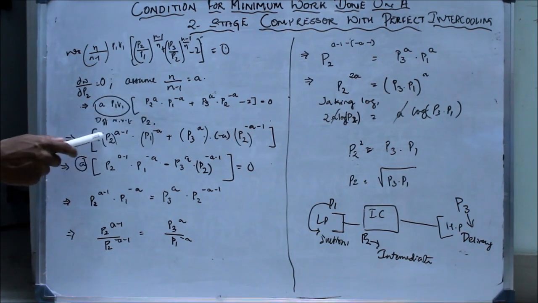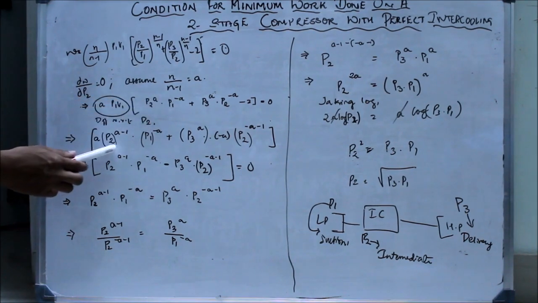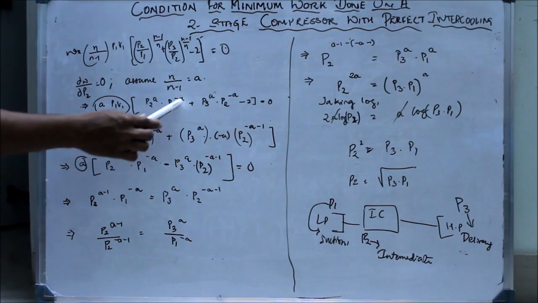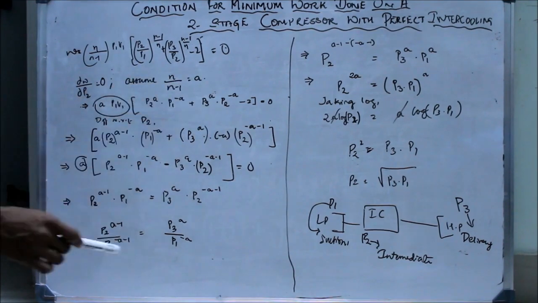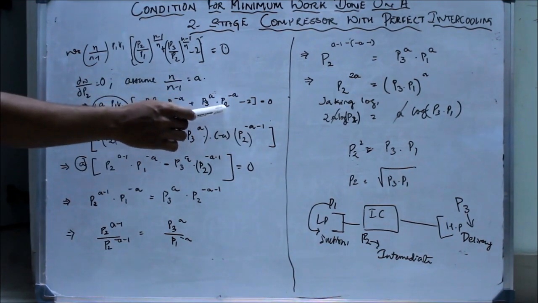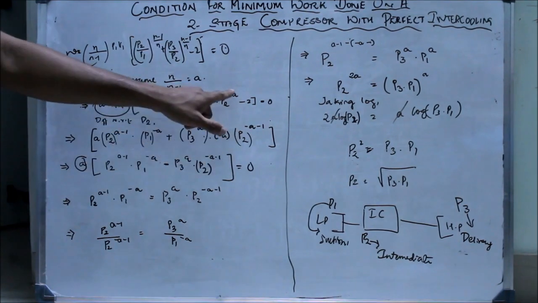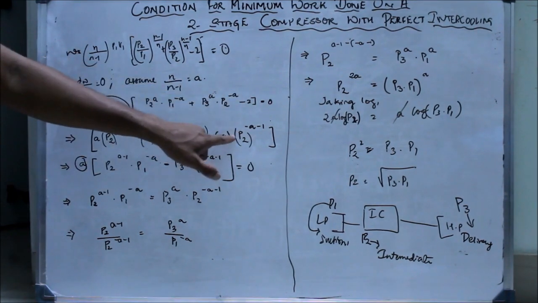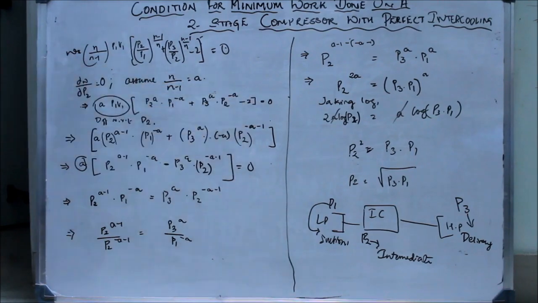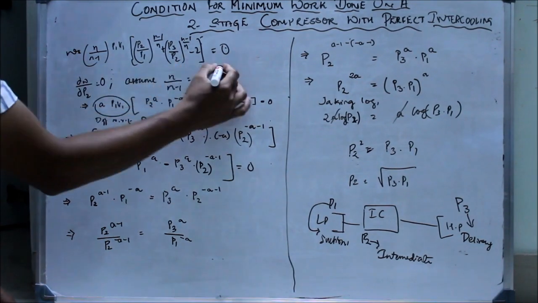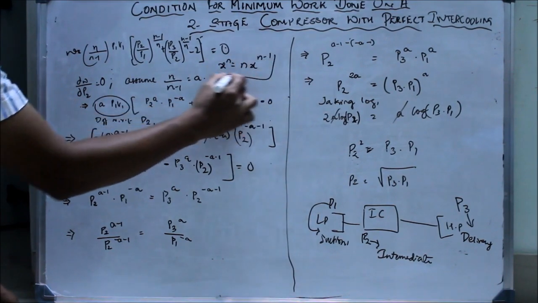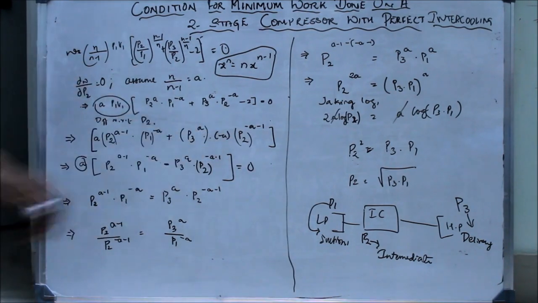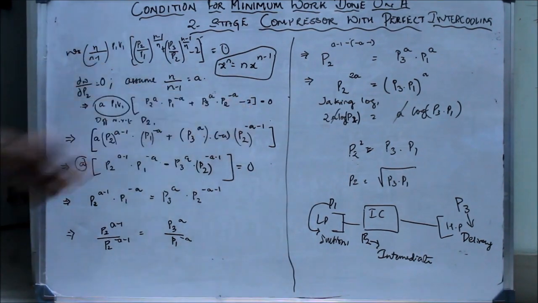Differentiating with respect to P2, we get A into P2 to the power A minus 1 into P1 to the power minus A, which is a constant, plus P3 to the power A, which is a constant and remains as it is, into minus A into P2 to the power minus A minus 1. That is the differentiation formula, that is, x to the power n differentiates to n x to the power n minus 1. This is the formula that we have used here. And 2 is a constant, so it becomes 0 when we differentiate it.